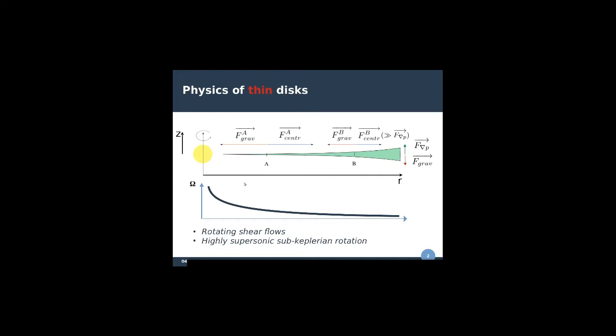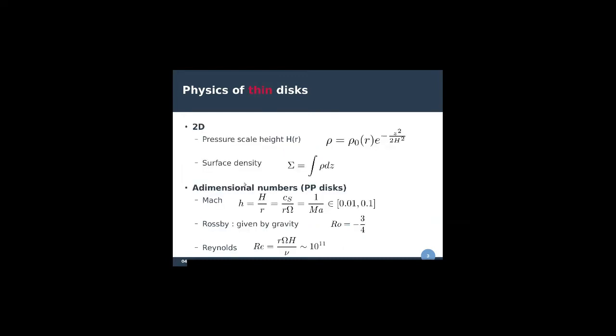On small scale, smaller than the scale height, the disk should be considered as 3D, and there are a lot more 3D effects that we have to consider, as we'll see just after. But as a first approximation, we can consider the disk 2D.